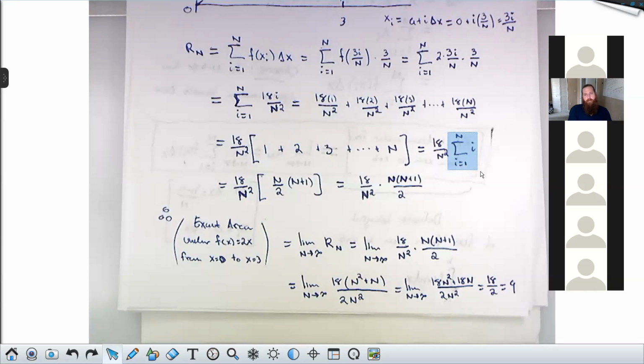The other challenging piece is once you get it down to something like this, you have to know what to do with this thing. And this is something that you have to remember from pre-calculus. So I'm going to give you a few formulas for sums like these that you will need to calculate all of these Riemann sums. We won't be able to calculate any Riemann sum exactly, only the ones that simplify to something nice and simple like this.